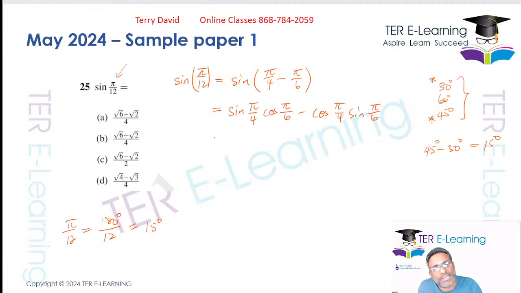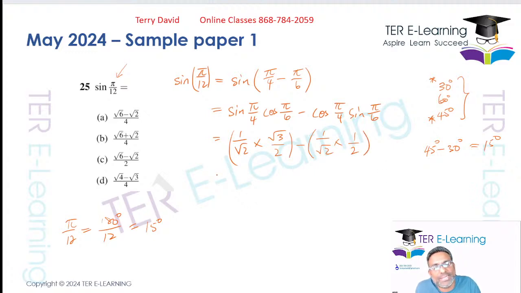At this stage, sine pi on 4 is actually sine 45, which is 1 on root 2, multiplied by cosine pi on 6, that's cosine 30, which is root 3 on 2. Minus cosine 45, which is the same as 1 on root 2 as well, multiplied by sine 30, which in this case is a half.